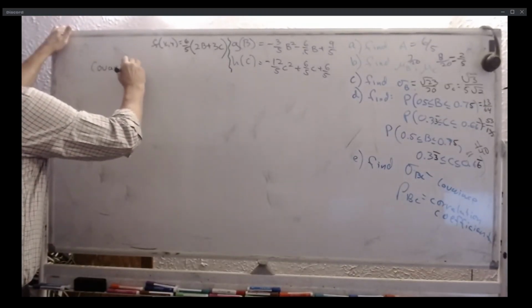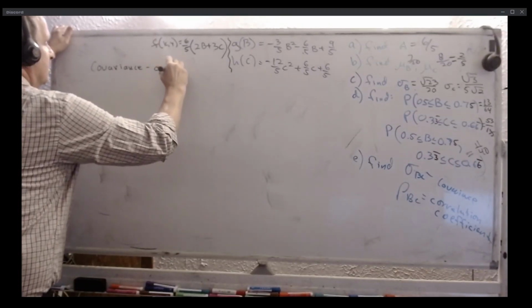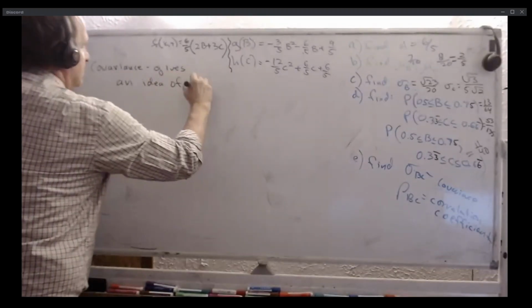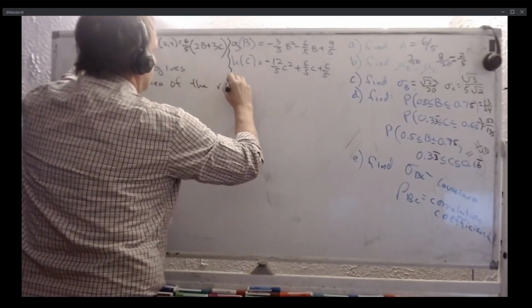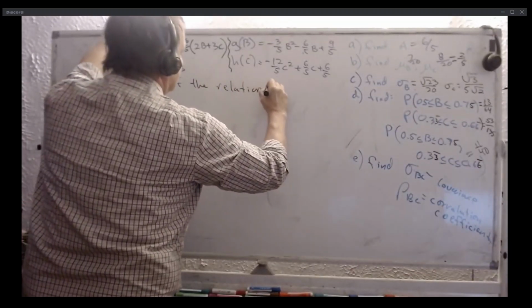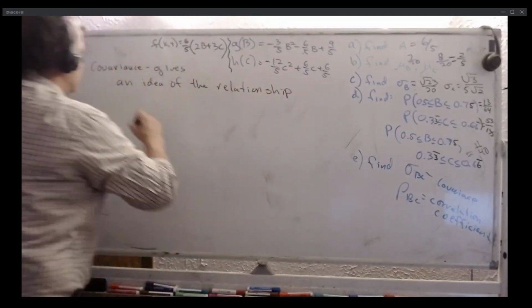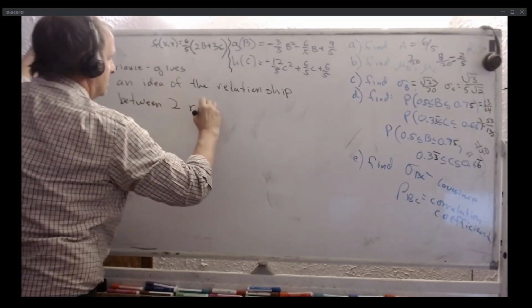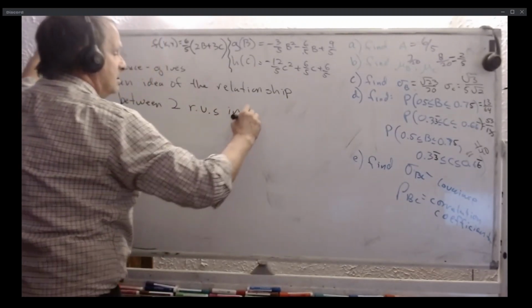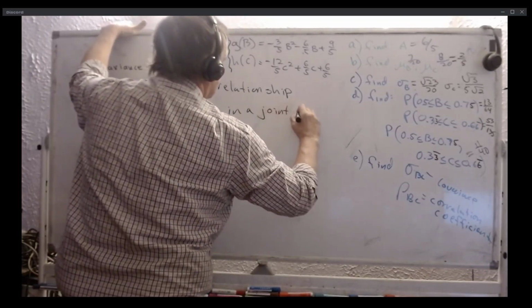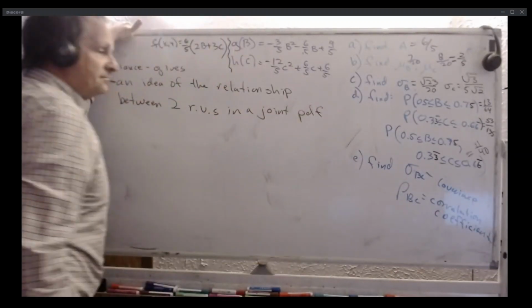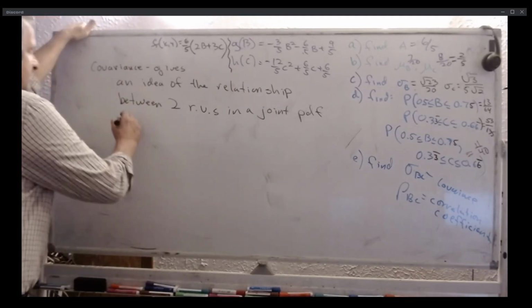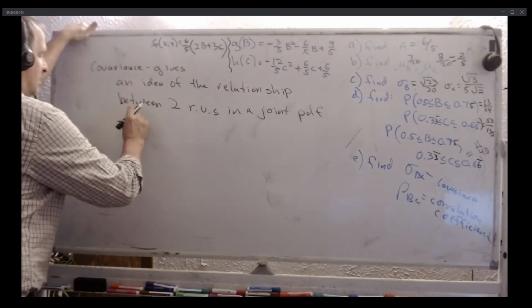But covariance gives an idea of the relationship between two random variables in a joint PDF.